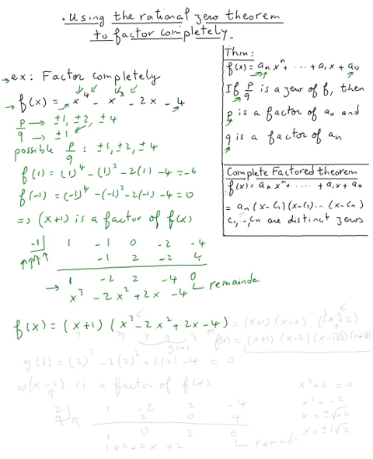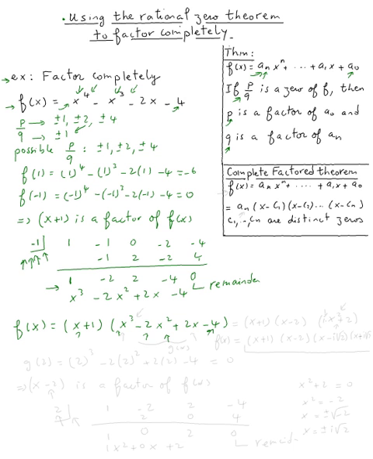Now again, we do the same thing with the rational p over q. We still have 4 and 1, so we already tried negative 1 and 1. Now let's try 2. All we need to do is plug it in here, because we know we're going to get a cubic.